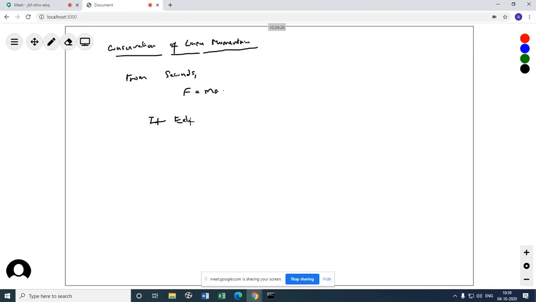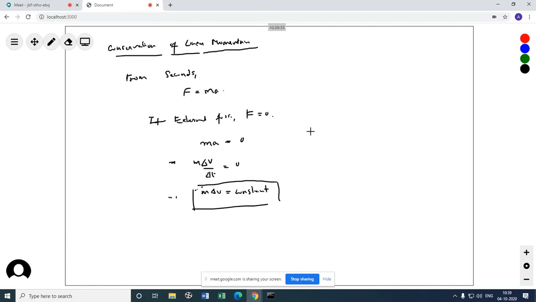If external force is 0, F equals 0 means what? Or I can write delta V by delta T equals 0, right? Can I say M delta V equals constant? Is it or not? I can say like this, or I can say in another way.